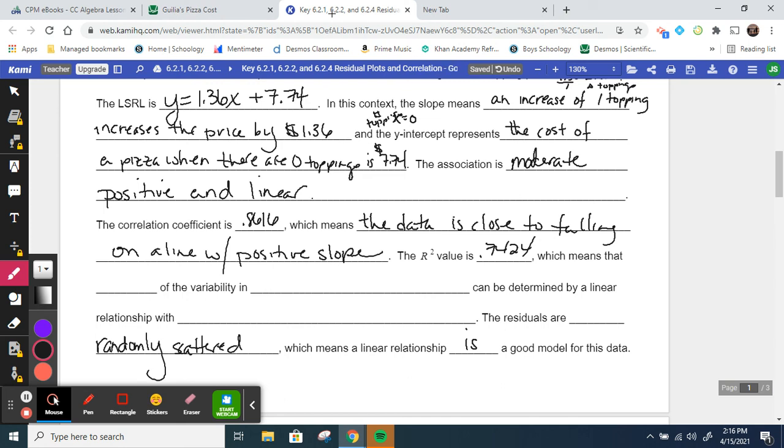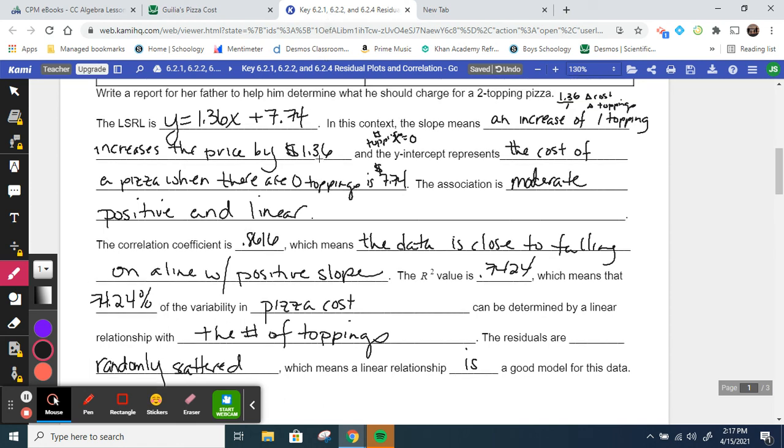If I convert this to a percent, that means 74.24 percent of the variability in our dependent variable, which is pizza cost, can be determined by a linear relationship with our independent variable, which was the number of toppings. So it always follows that formula: percent, dependent, independent variables.